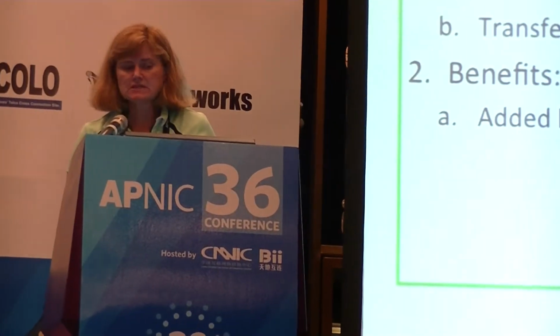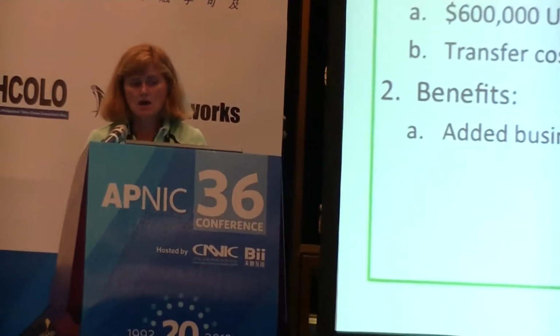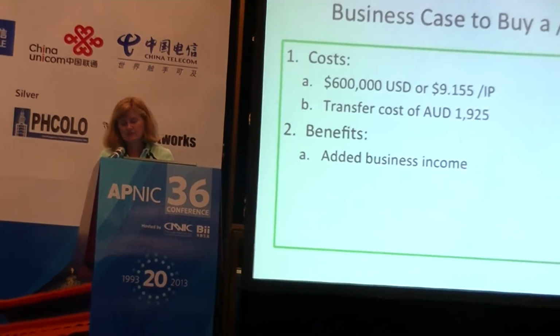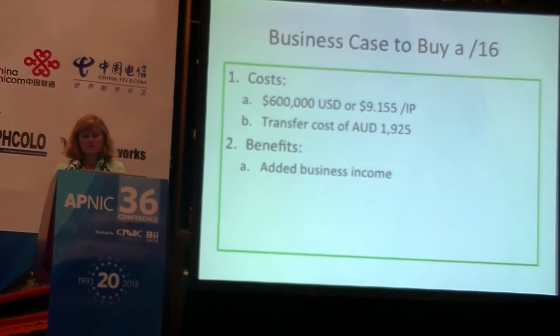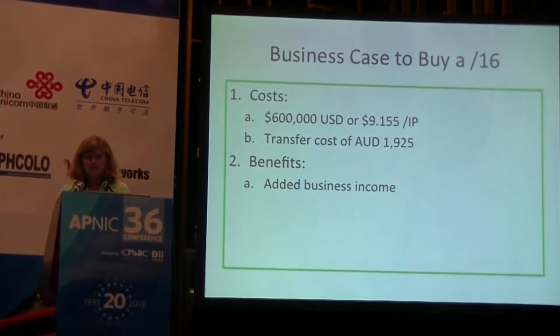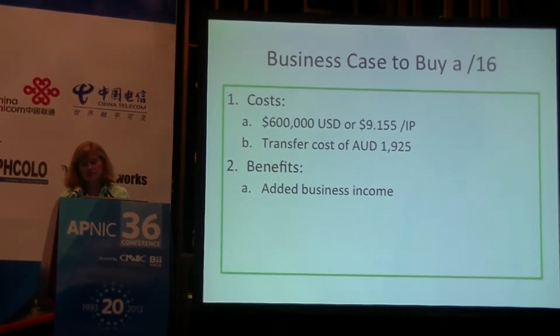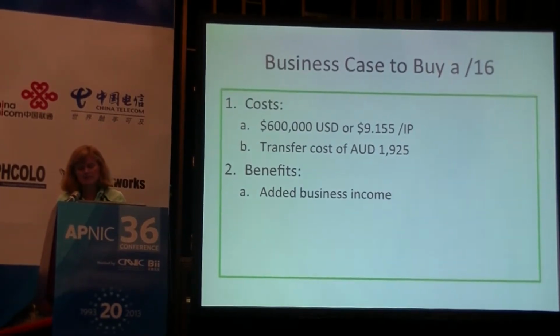So when you do your business case, the things you need to consider are the costs. So I'm sticking with my hypothetical example, and I'm saying that the cost is roughly between $9 to $9.15 per IP. And when I did this example a month or so ago, we had just done one at $9.15.